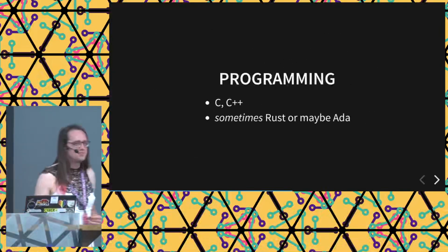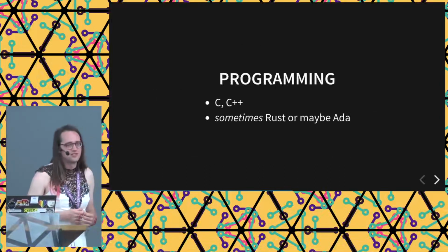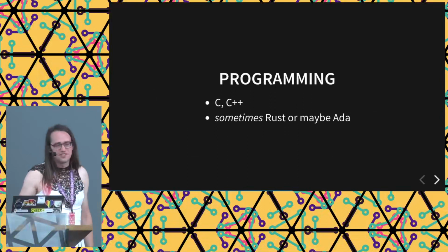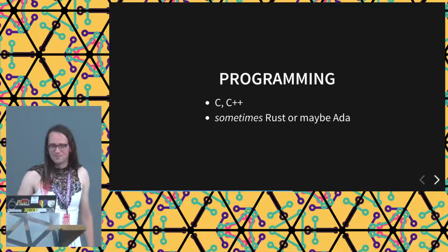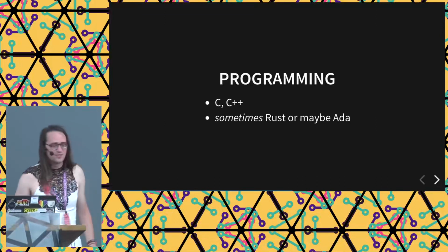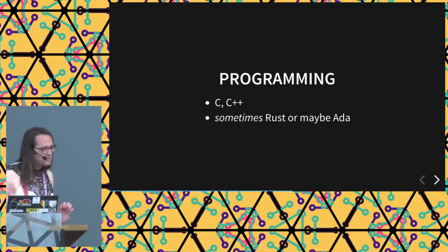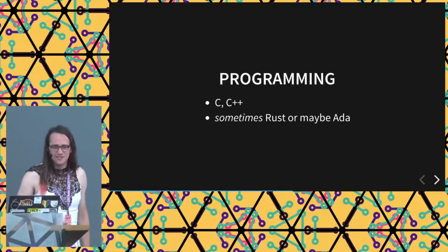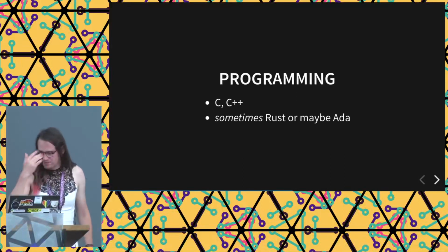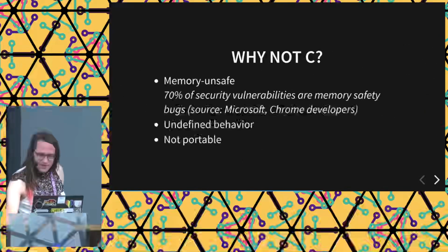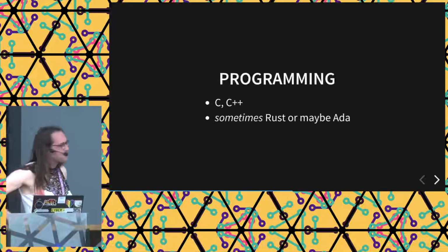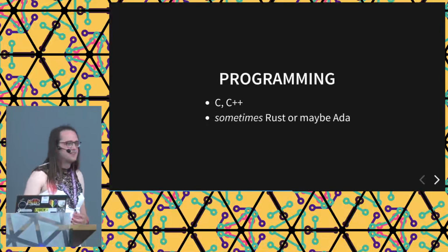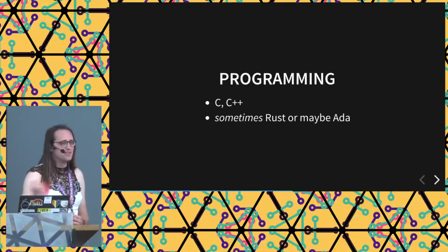Programming these chips is almost always done in C or C++. There are some exceptions, like the Bash, for example, but underneath it is also C and C++. Sometimes other languages are used, like Rust or maybe even Ada in some cases, but almost always it's C or C++. But how this is done is usually by using silicon vendor-provided hardware abstraction layers, which tend to be rather difficult to use.